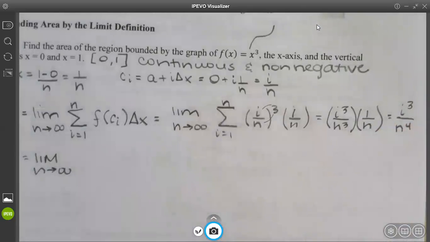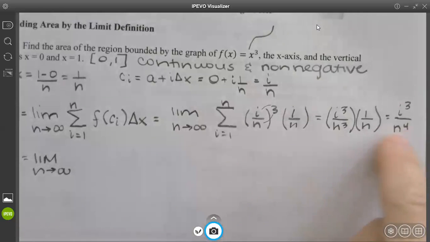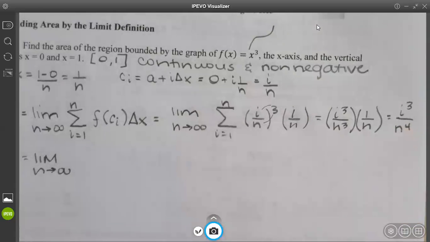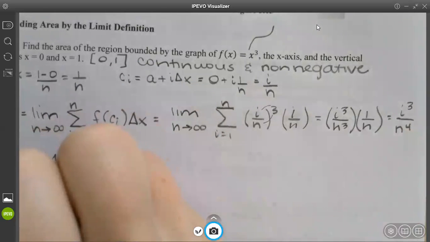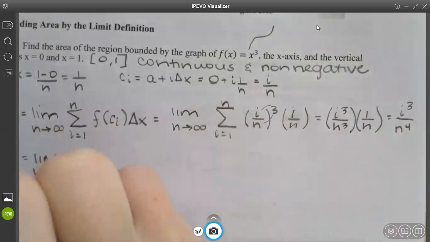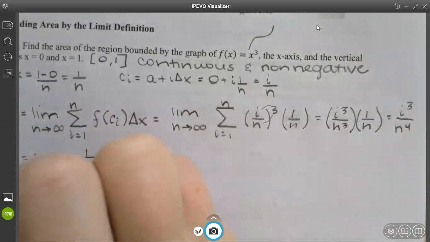Not yet. That's the summation part. Take out a constant. Thank you. Look at you. What's our constant? It's not n to the fourth, it's what? 1 over n to the fourth. So anything like that, you just want i by itself is basically what you want. Okay, so I'm going to take out 1 over n to the fourth.